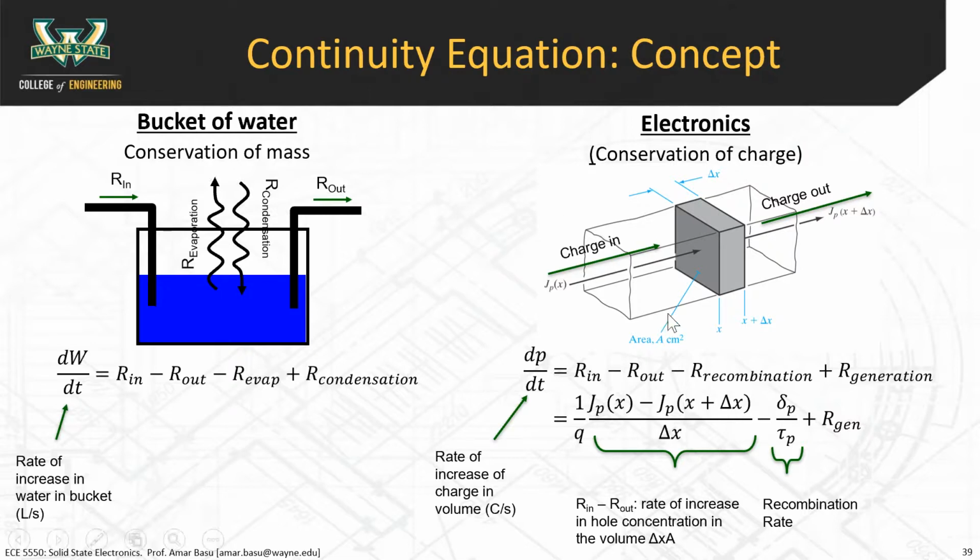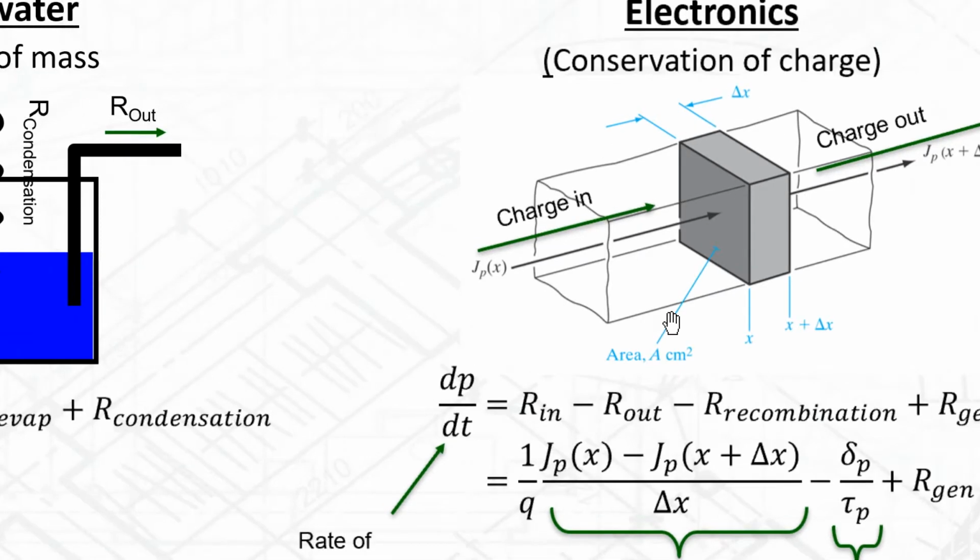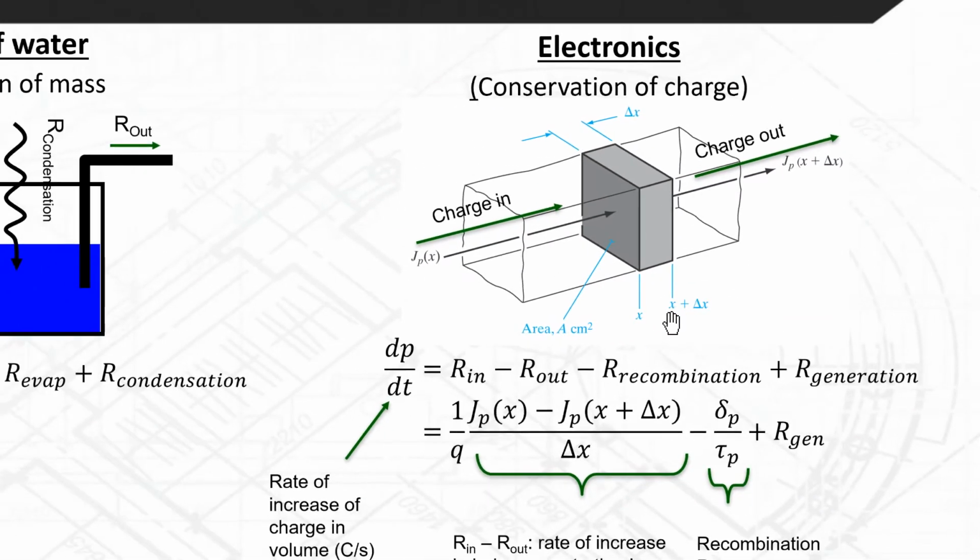But the basic statement is conservation of charge, just like the previous one was conservation of water. So let's look at what's happening here. What we're doing is we are taking a block of material, electronic material, okay, and that's shown in gray, this gray box here. And think about this as your bucket, okay?